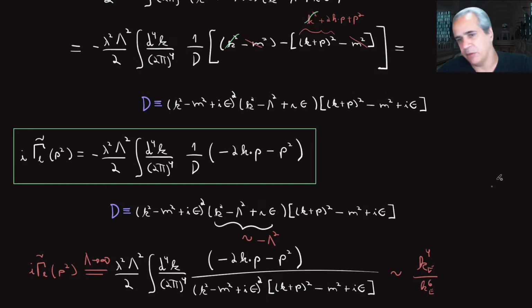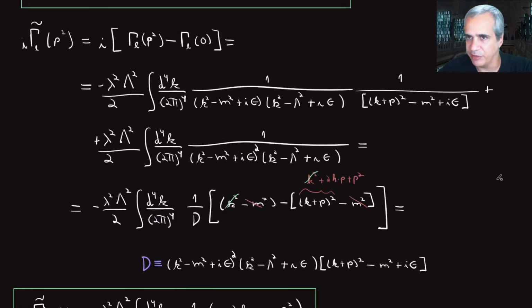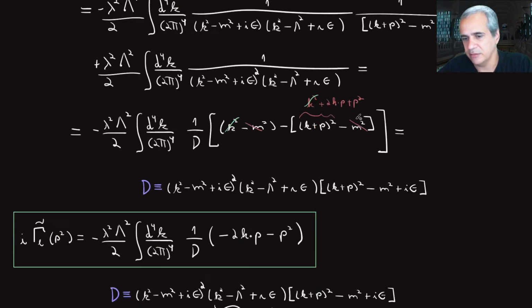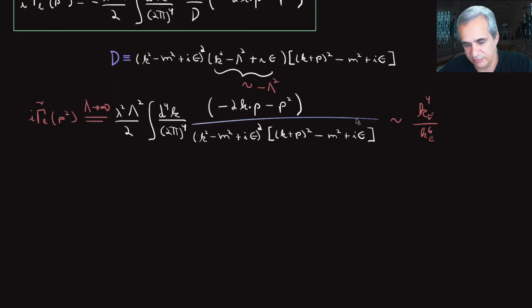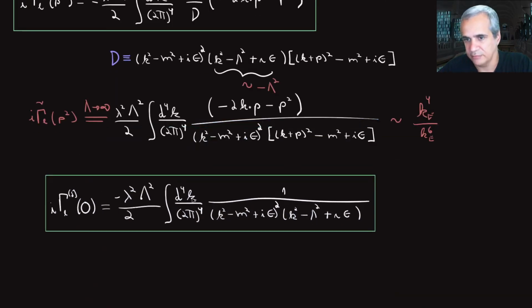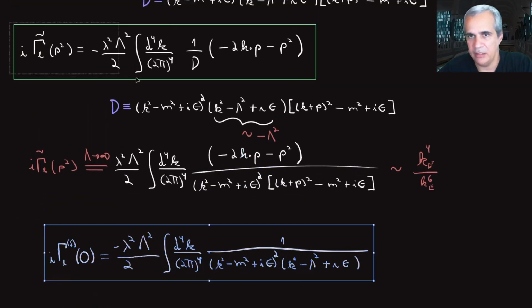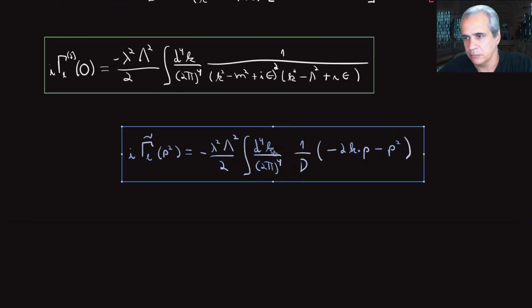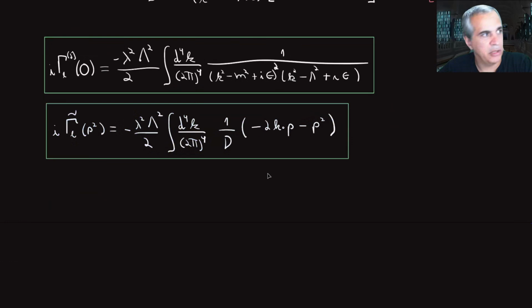So now the bottom line is we have to save, again, like we did for the two-point function, that expression and this one, because together they give you the one loop calculation for the four-point function.